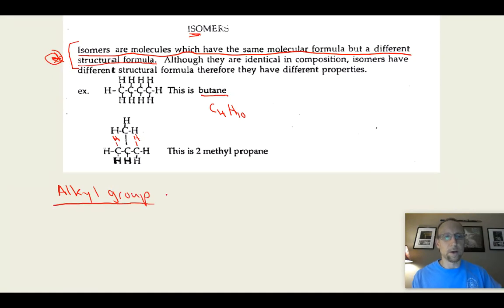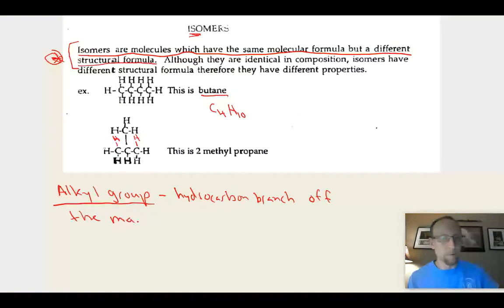So an alkyl group is a hydrocarbon branch off the, what we call the main chain, which is just the longest chain in that hydrocarbon. Sometimes they call it the parent chain.